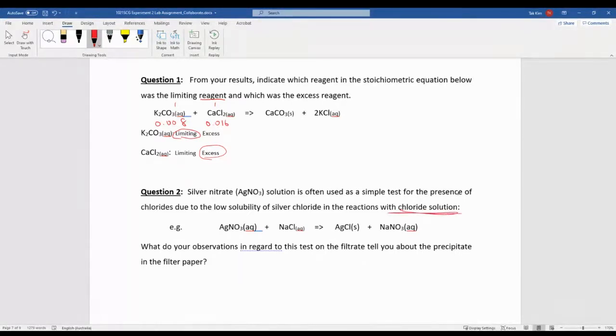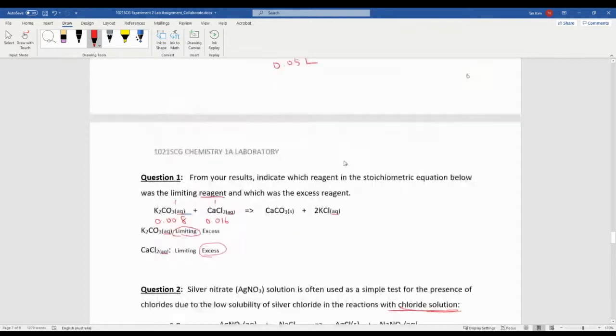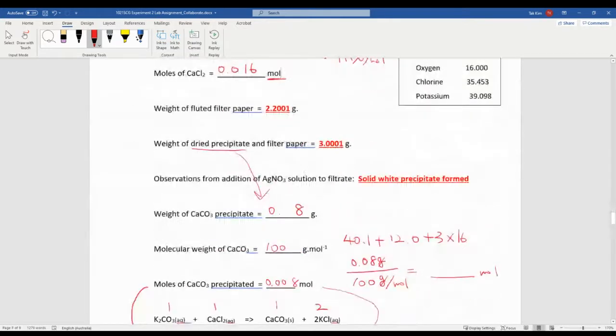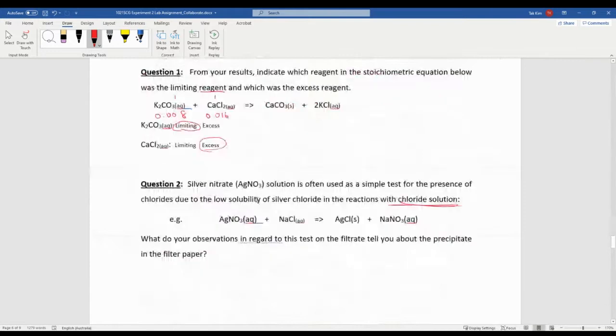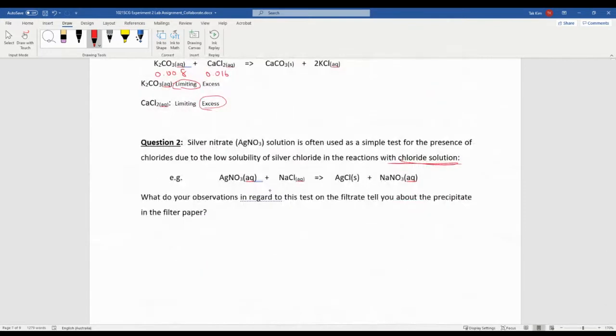So you are meant to take some filtrate during your filtration of calcium carbonate, and then add aqueous silver nitrate solution and observe whether you see something happening or not. If you are in the lab, and I think the information is given over here, there you go: solid white precipitate formed, right? So that is what you need to do.